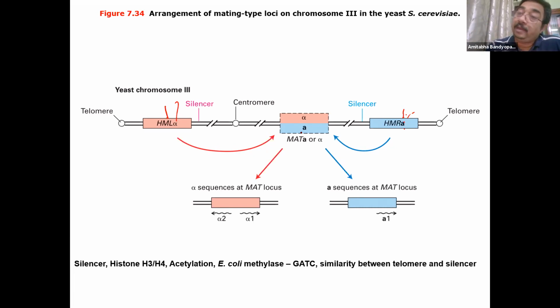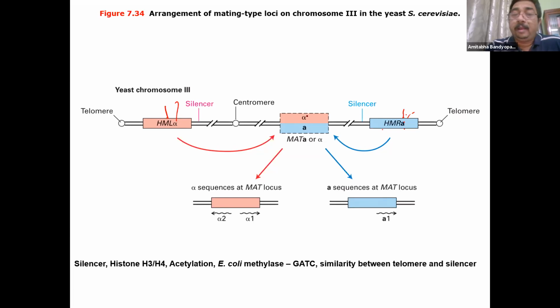That is the active locus. Now, please understand that these cassettes, depending on how the mating type is switching, this cassette is brought in its entirety from the near telomeric locus to somewhat central locus.